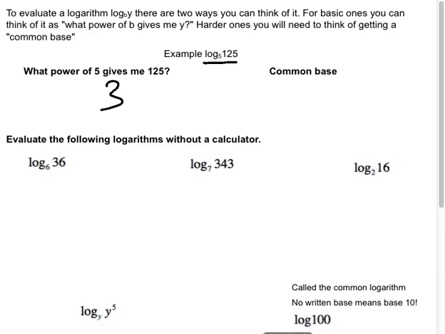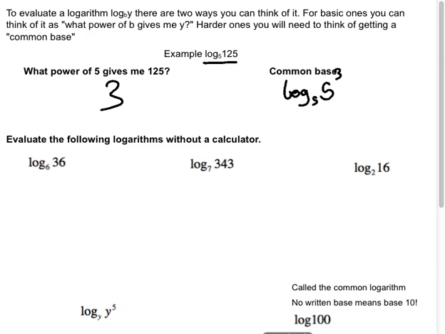Now, you are going to have to understand the more complex ones. We're going to get some harder ones tomorrow. And for those, it's probably a good idea to also understand that what you're doing is turning that 125 into a common base.